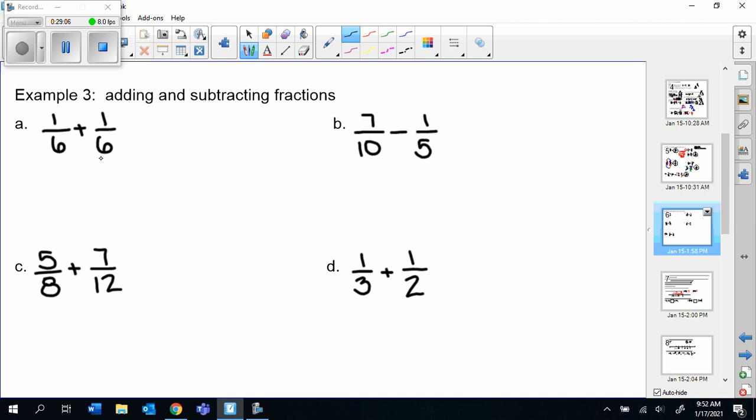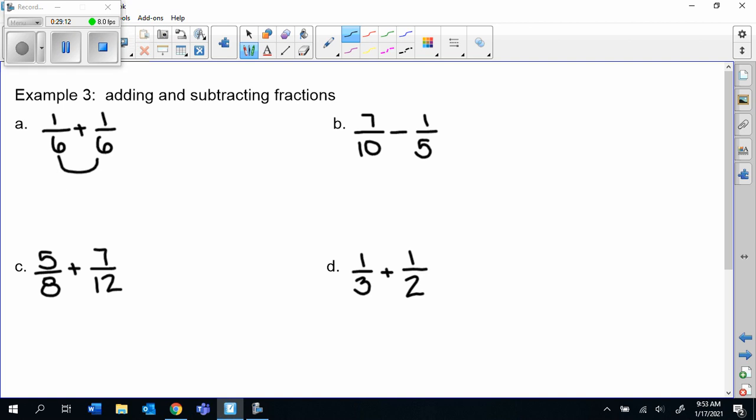But in general, notice here that if the denominators are the same, then we just add whatever is in the numerator and maybe subtract. So 1 plus 1 is 2, and we do not change the denominator. That always stays the same.